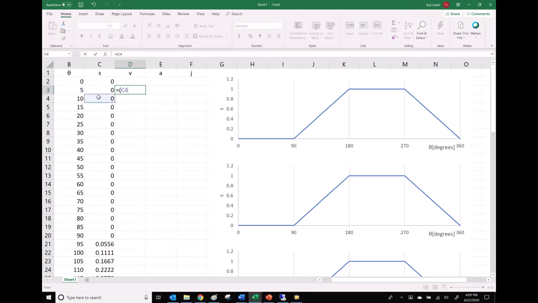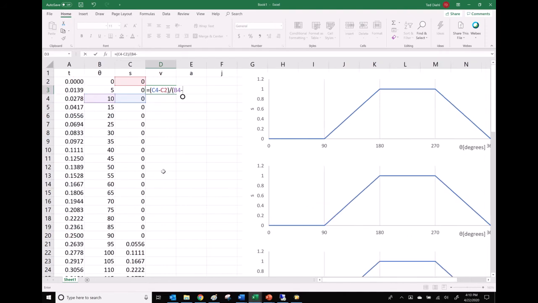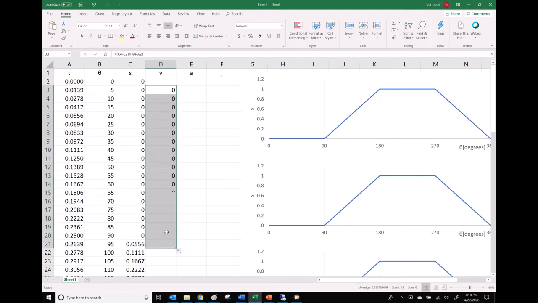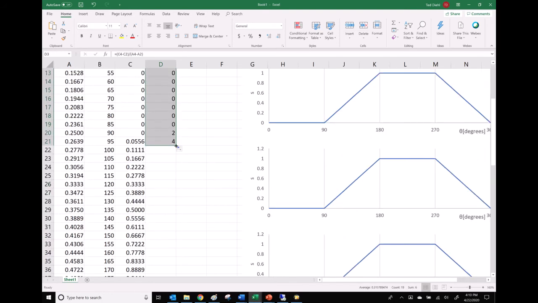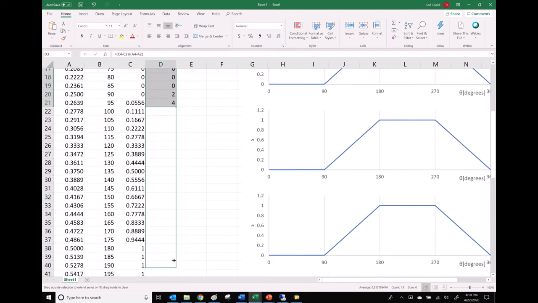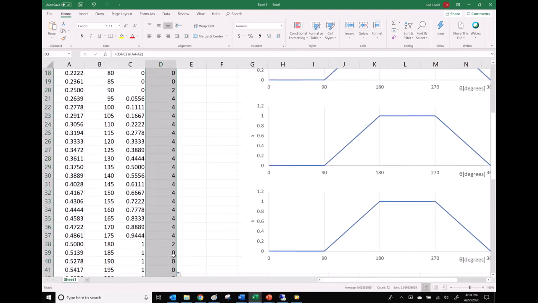So it's going to be plus 1 minus this one, divided by this minus, oh, did I do T? I decided to go T. So that one minus that one. Boom. Of course, all of those are going to be 0 right here, but we're going to catch up right there. Actually, I think I can go all the way down.